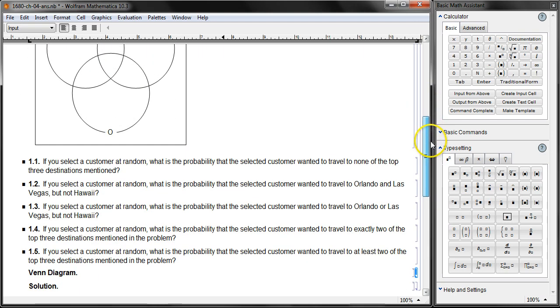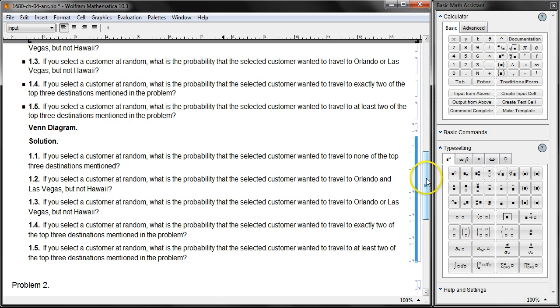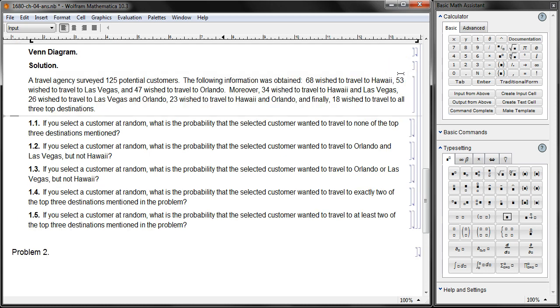Well, here's this problem set. Let me open the solution, and we have a duplicate of all those problems here. Let me copy the problem here. This was the original problem. And then none of the top 3.